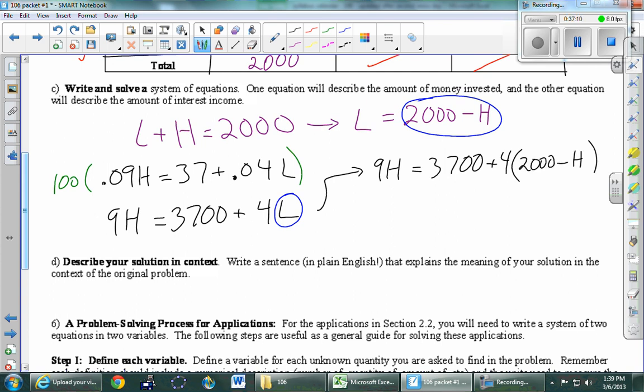I'll have to introduce new parentheses here. So this is kind of what Sam was talking about before. Because it's multiplication, we need those parentheses. Questions on that equation?